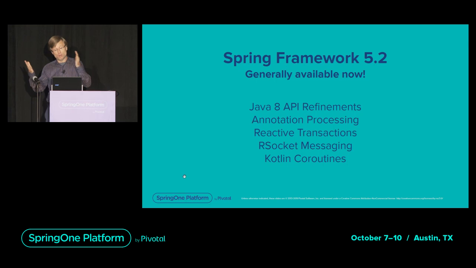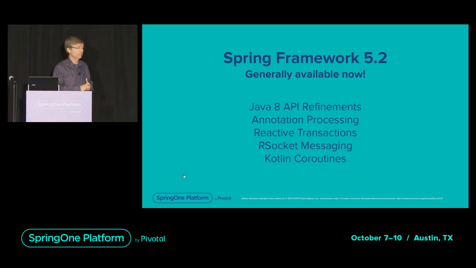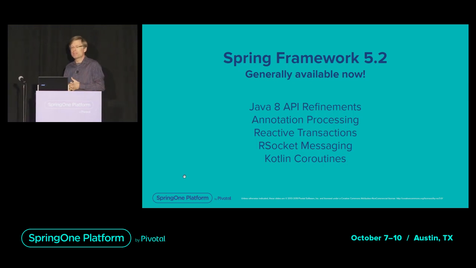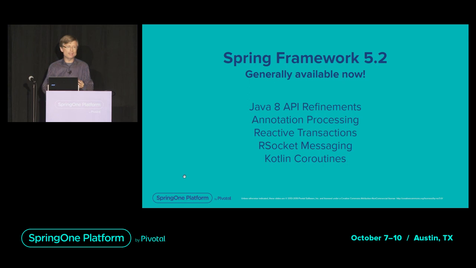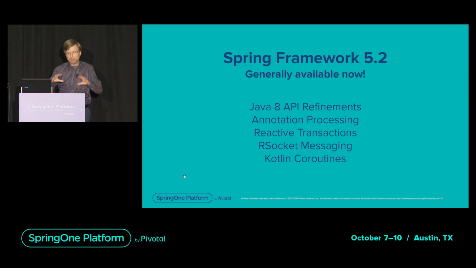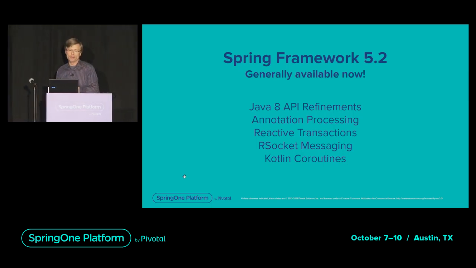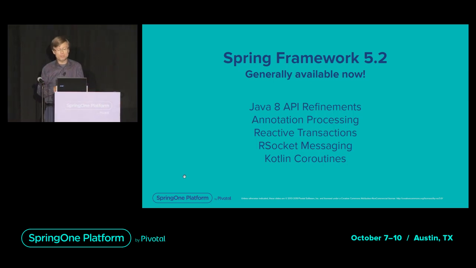Everything we talked about basically ships in 5.2, just about a week ago, roughly. As I indicated, a lot of it is going to continue in 5.3. Many of the work streams are immediately continuing in 5.3: further RSocket support, further Kotlin coroutine support, completing those storylines, further Reactive Transaction Manager implementations.